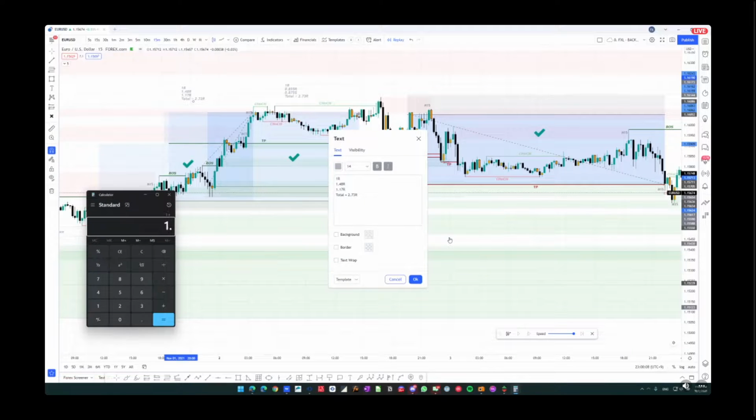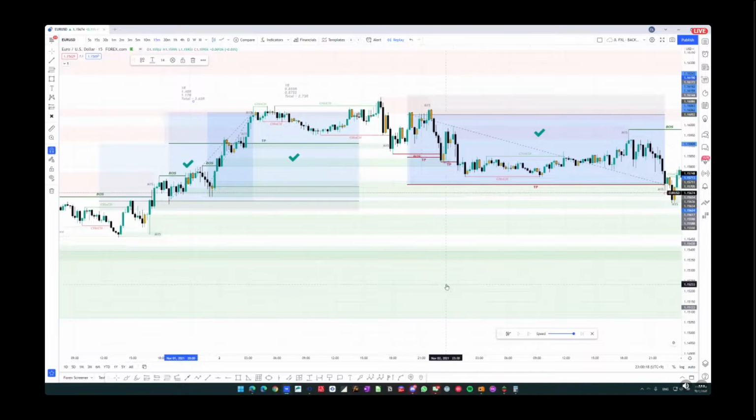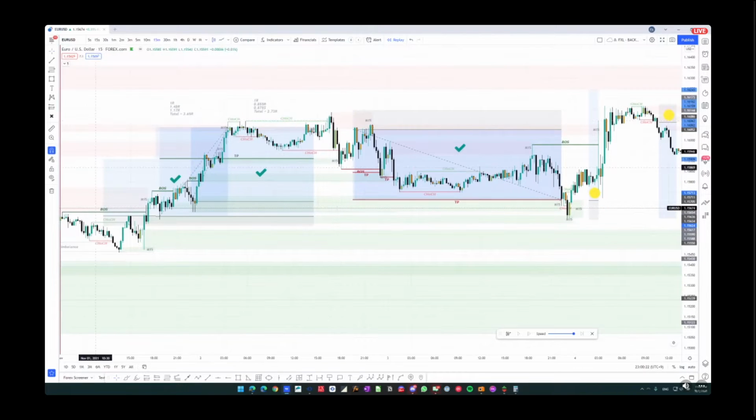So 1 plus 1.48 plus 1.17 is 3.65R. Not so bad. This one, delete this one.